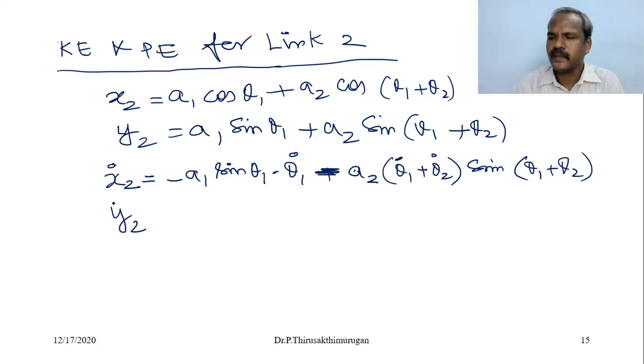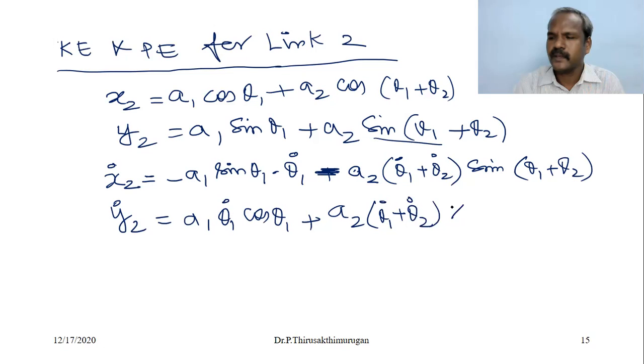Similarly, y2 dot equal to a1 theta 1 dot cos theta 1 plus a2, here you can differentiate, a2 theta 1 dot plus theta 2 dot into cos theta 1 plus theta 2. Clear?